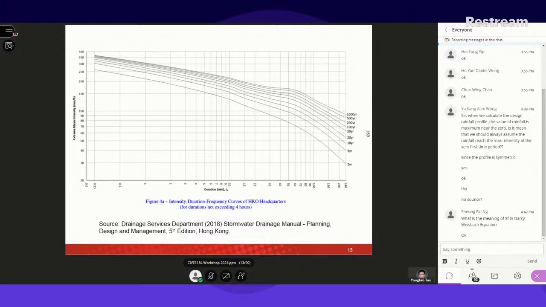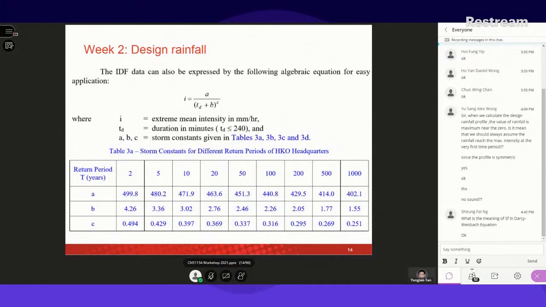It is maybe 230. Of course, you can also calculate the intensity by using this equation.